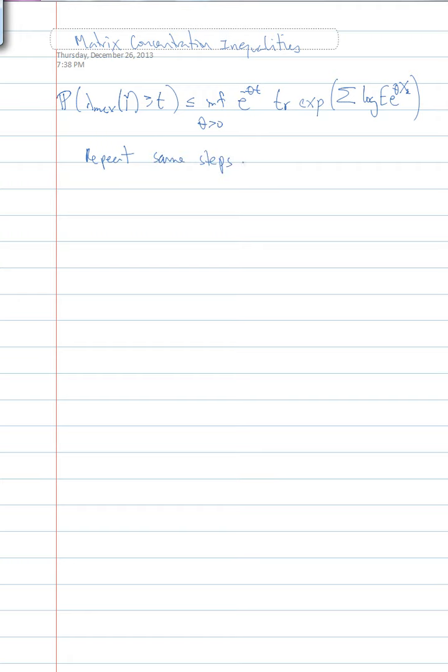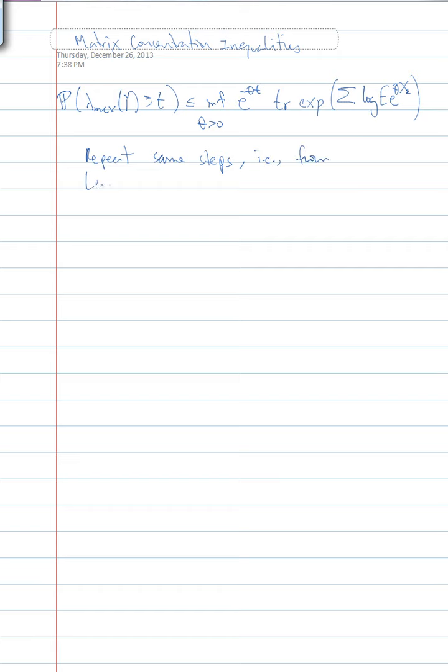So the master bound tells us that the probability that lambda max of Y is bigger than t is less than or equal to the infimum over all positive theta of e to the minus theta t times trace exp of the sum of log of the moment generating function e to the theta Xk. So now we repeat the same steps.